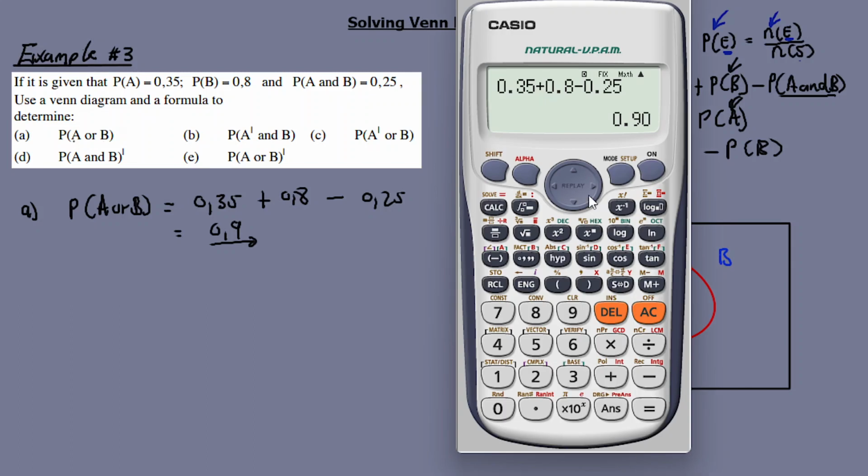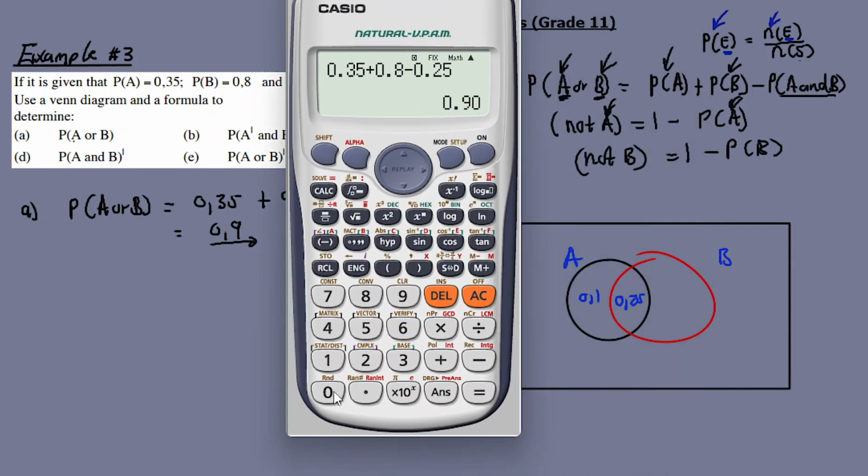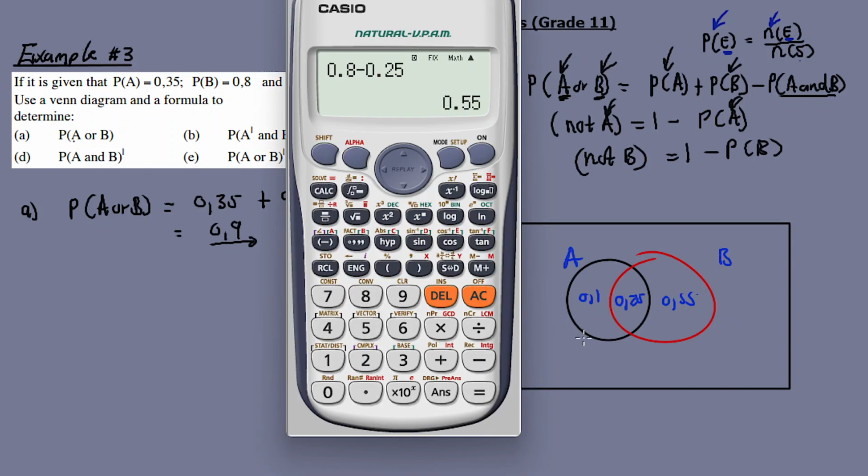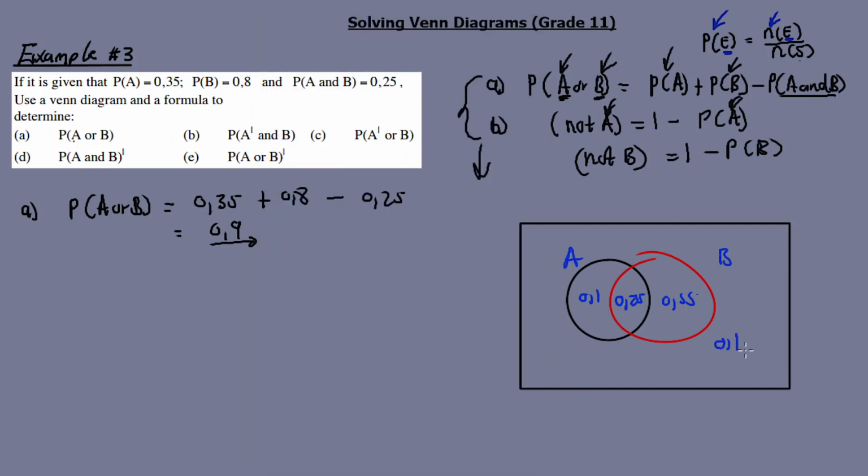For B it will be 0.8 minus 0.25, and the answer should be 0.55. Okay, since it's still on my probabilities, 0.1 plus 0.25 plus 0.55 is equal to 0.9, so 0.1 is outside the two events.